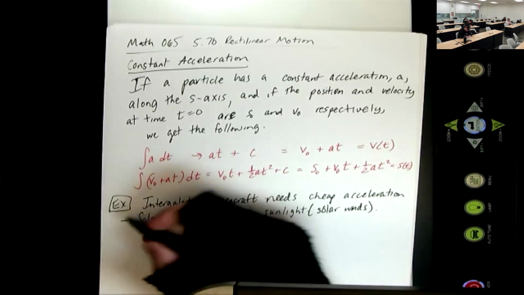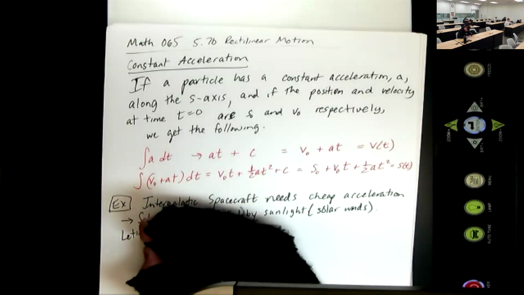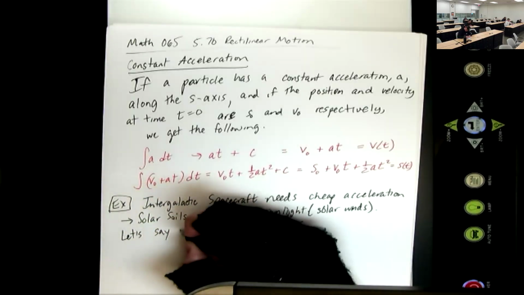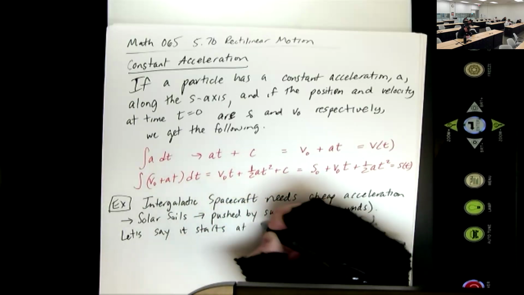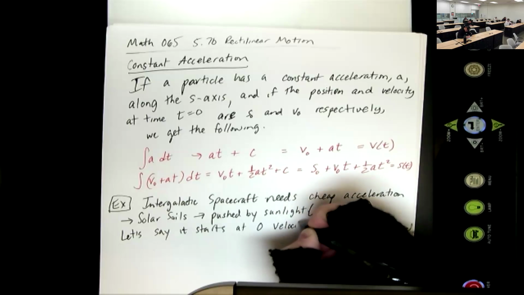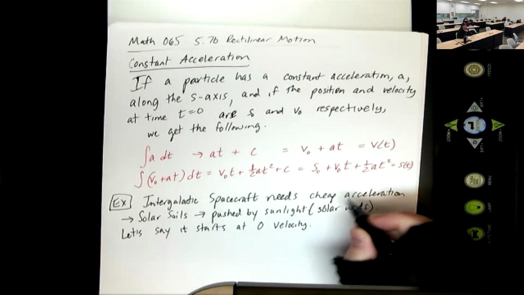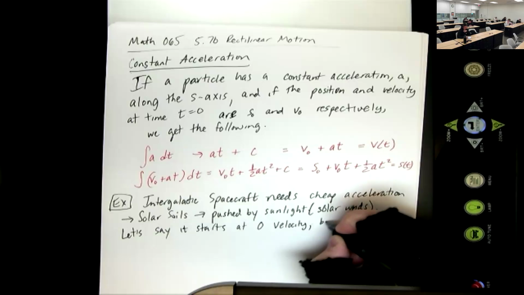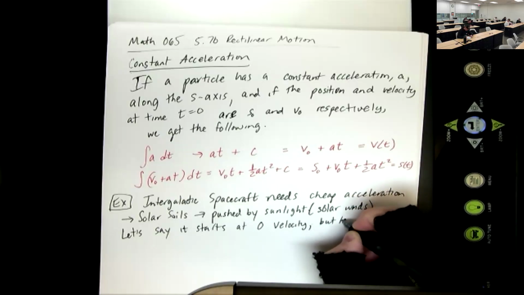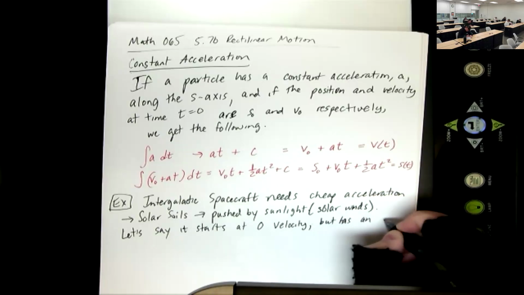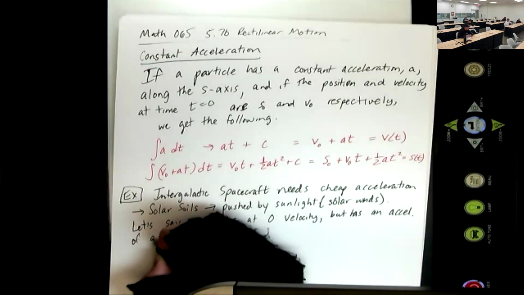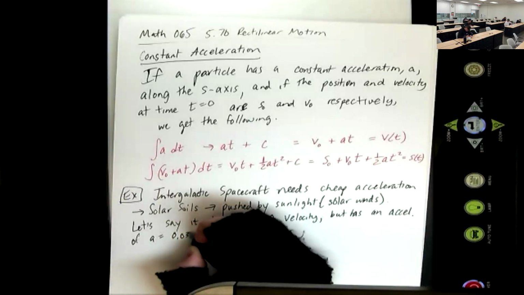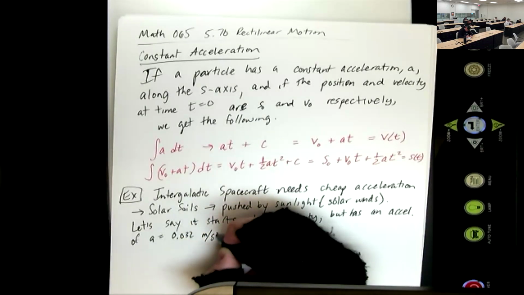So let's say it starts at 0 velocity but has an acceleration a equals 0.032 meters per second squared.